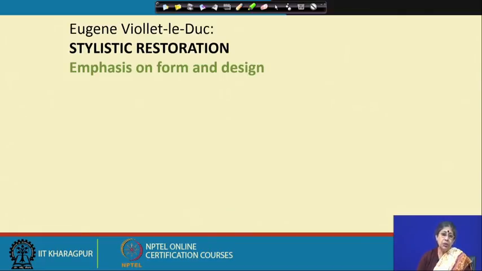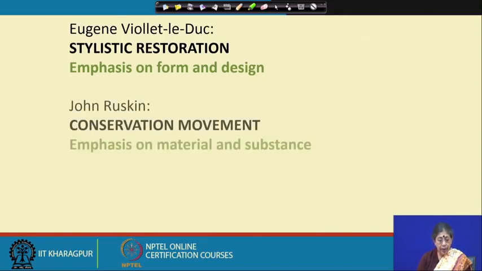But even within this broad umbrella of the romantic restoration process, there was some sort of conflict and the basic approaches differed. Broadly, we see three types of approaches fall under this romantic historicism. One originated in France under Viollet-le-Duc, which is called stylistic restoration. There the emphasis was more on the form and the design.